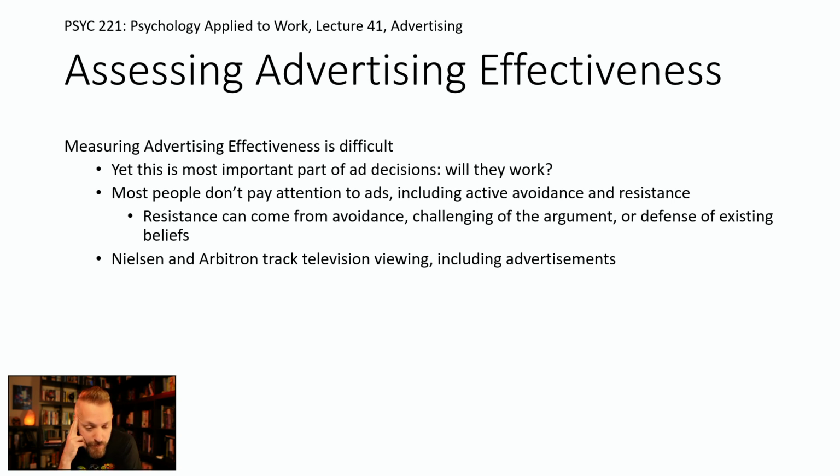Now, another bit of nuts and bolts around ad effectiveness. There are companies like Nielsen ratings and Arbitron that have been around a long time, and they used to just track television viewing.